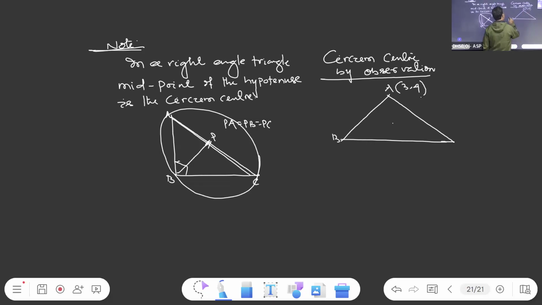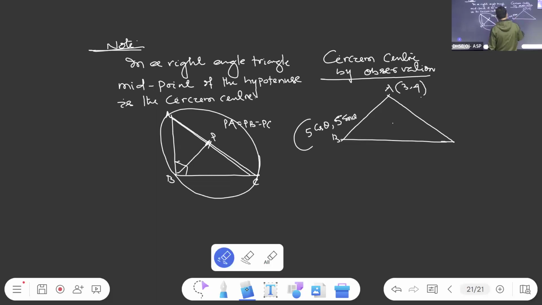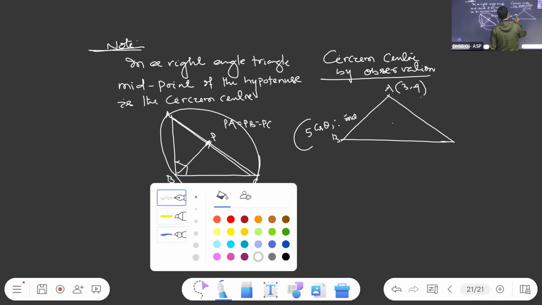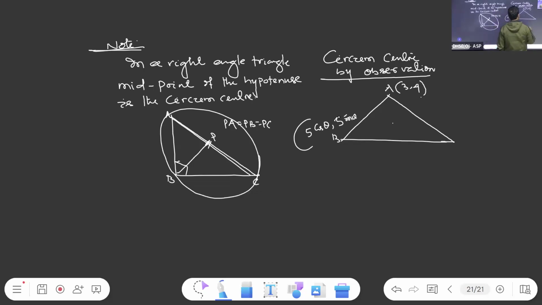Coordinates of vertex B are 5 cos theta, 5 sin theta. Coordinates of vertex C are 5 sin theta, 5 cos theta.